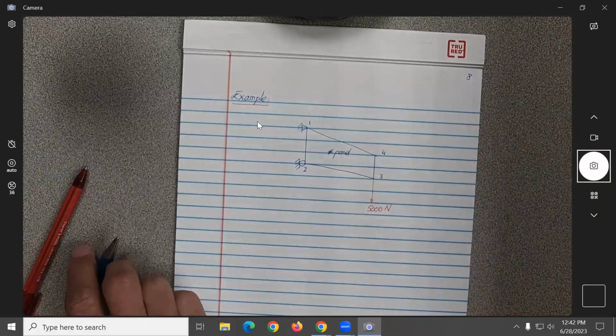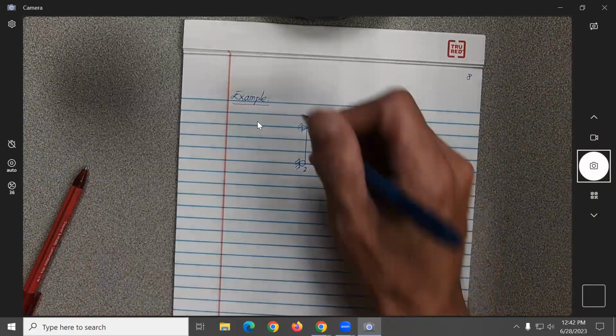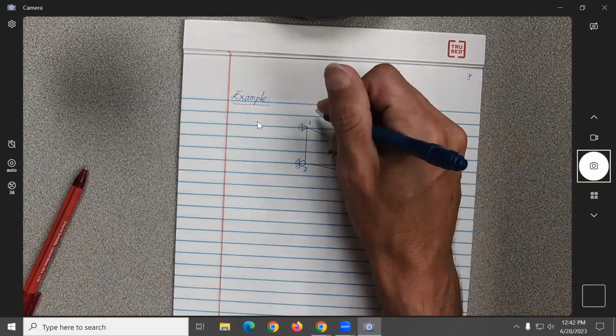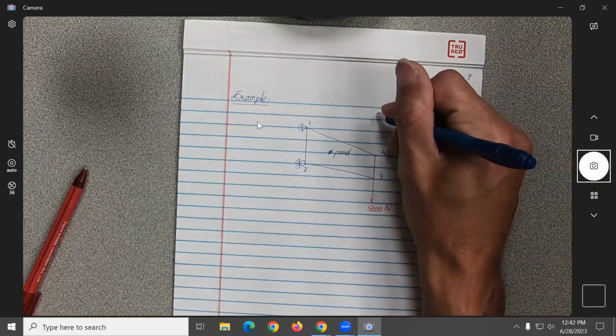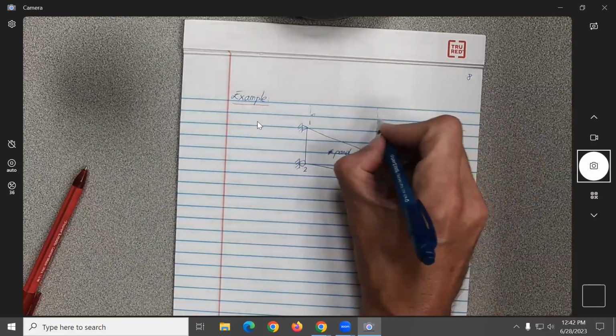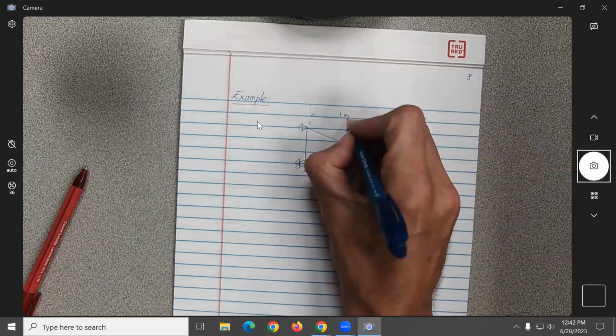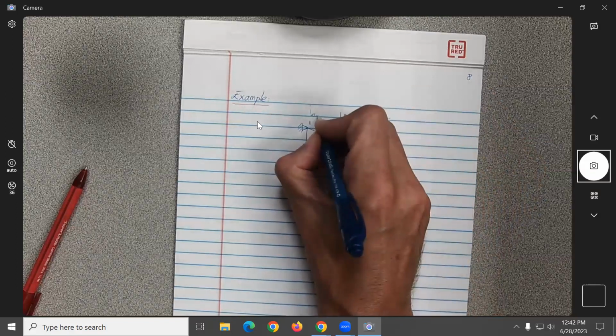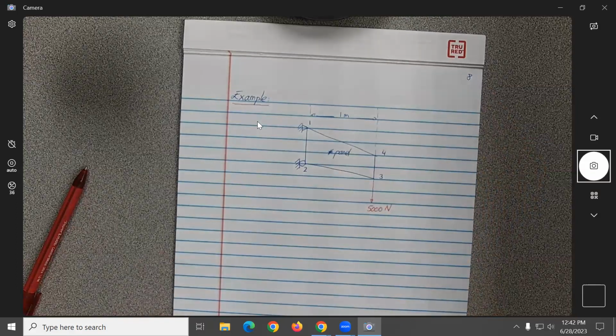Okay, so we have some measurements over here. So let's say the length between 1 and 4 will be 1 meter.